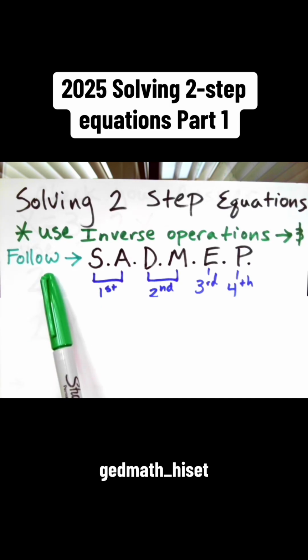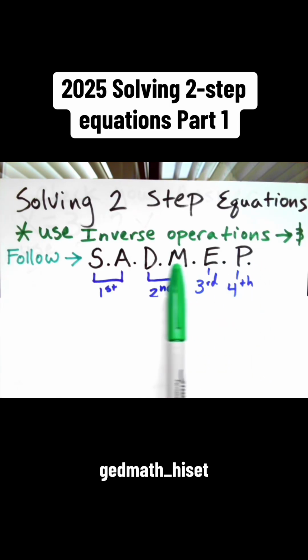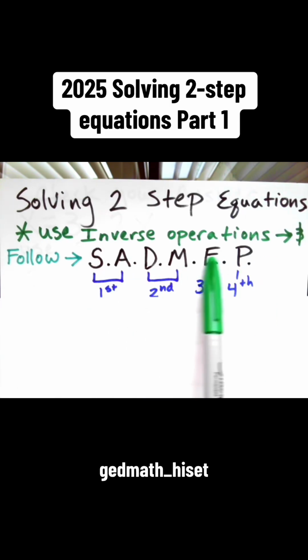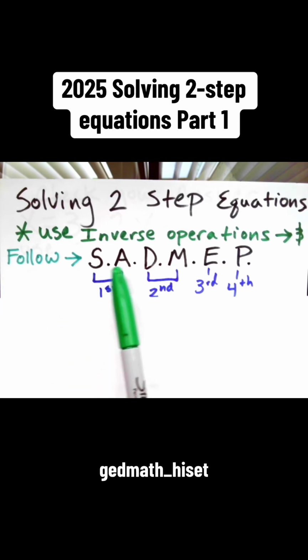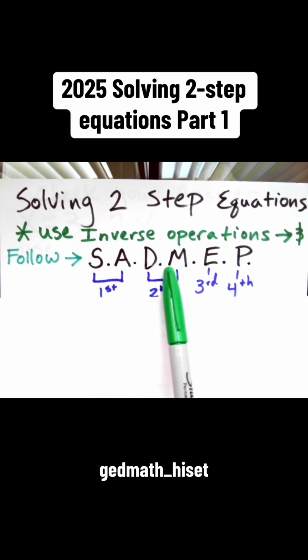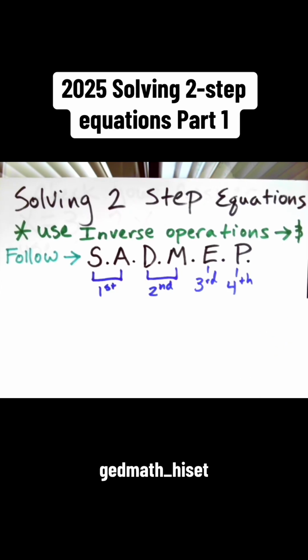Remember, follow this order. It's the opposite of PEMDAS, the order of operations, when solving for a variable X or Y. First, you'll do the opposite of adding or subtracting, then you'll do the opposite of multiplying and dividing, and then you do the opposite of exponents and or parentheses.